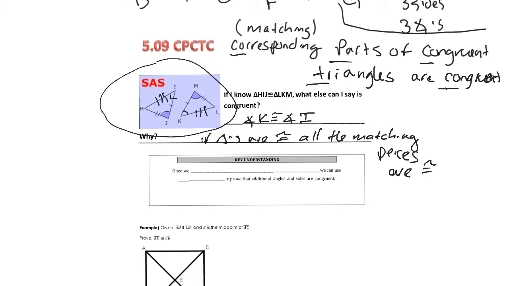So here's our key understanding for today. Once we prove two triangles are congruent, we can use, I'm going to write it down here, CPCTC, to prove any additional angles or sides are congruent. And you'll see what I mean in a second when we do an example.